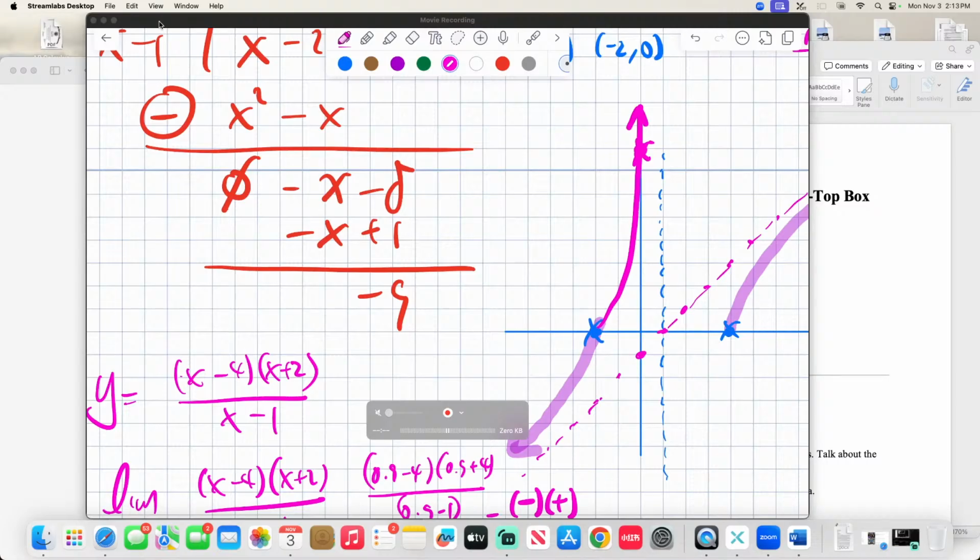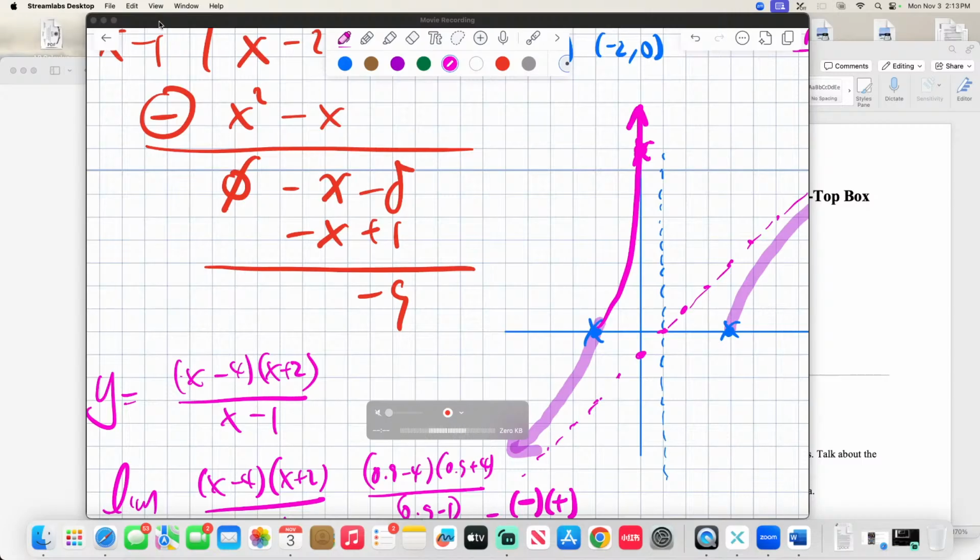So how do we get 0.9? We just used 0.9 because we know if I take a value at 0.9, either it's going to be really negative or really positive because of the asymptote. So remember the graphs are going to go straight up or go straight down like this. So using 0.9 would be a good gauge. You'll be close enough to tell you, is it going to go negative or going to go positive?